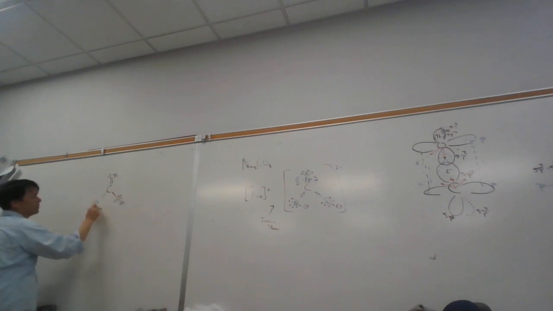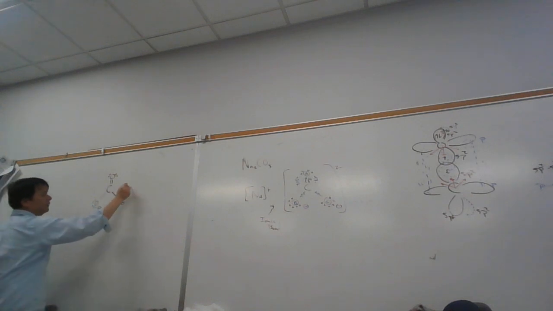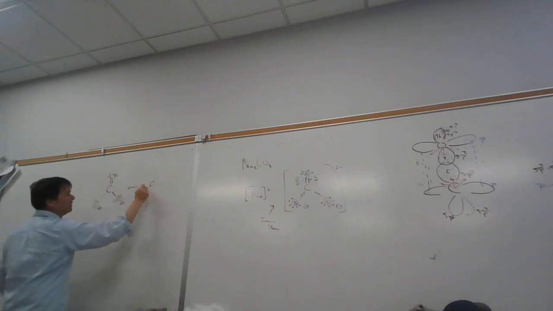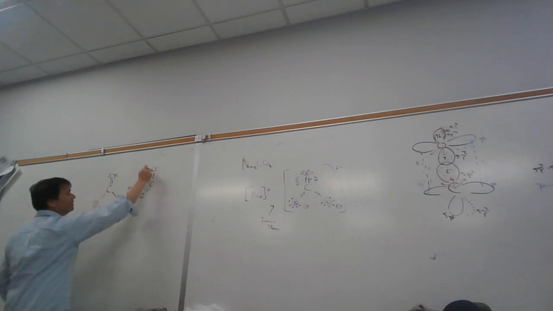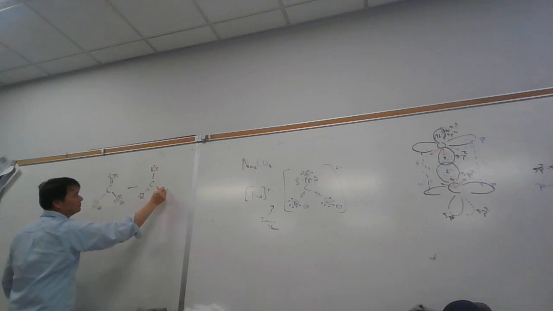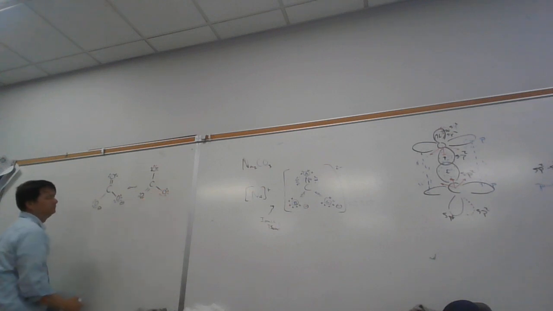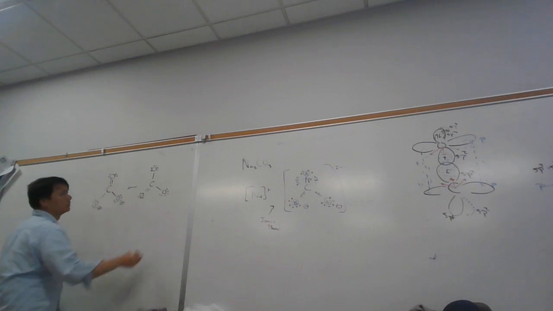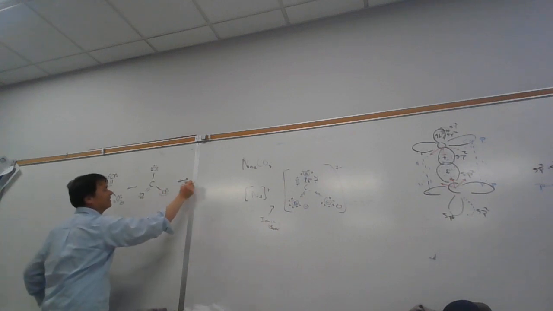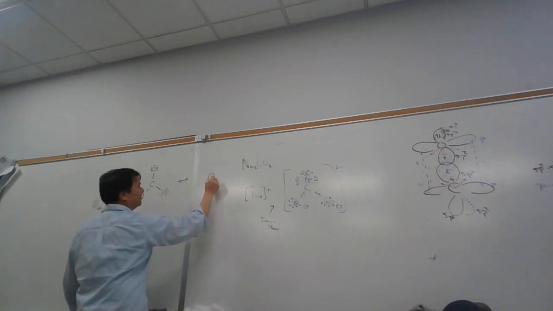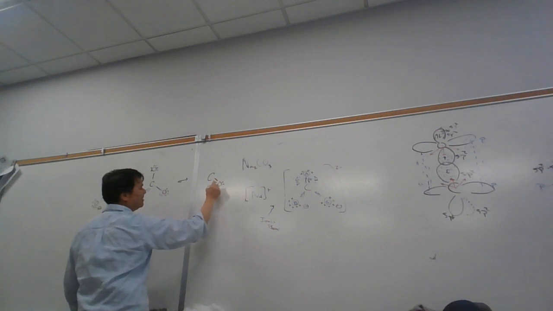Sometimes we just draw the formal charge and not the whole net charge. The other resonance form is like this. And the third resonance form would be like this, in no particular order.